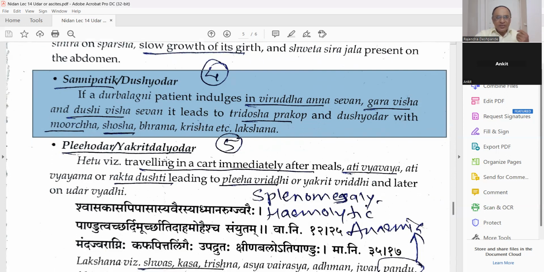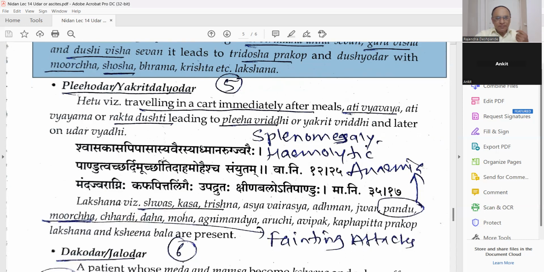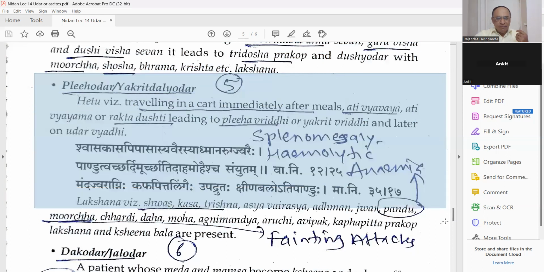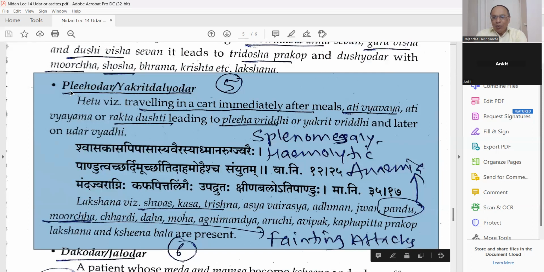Okay. Next is Plihodara or Yakruta Dalyodara. I will mark it for you. Here, Pliha means spleen. Please write down. Can you tell me when the spleen is enlarged? Splenomegaly. Please write down, splenomegaly.